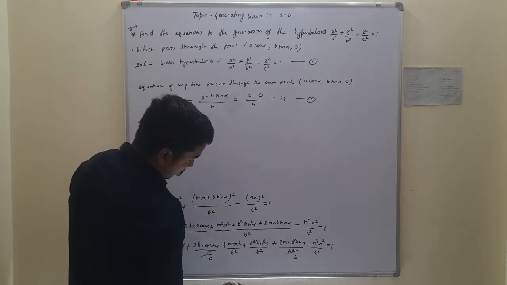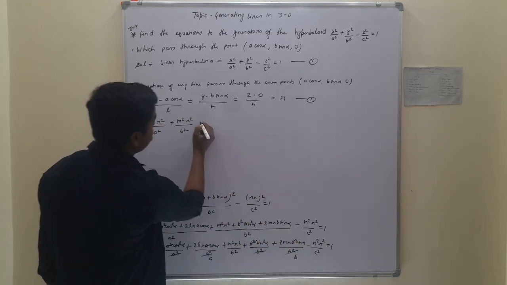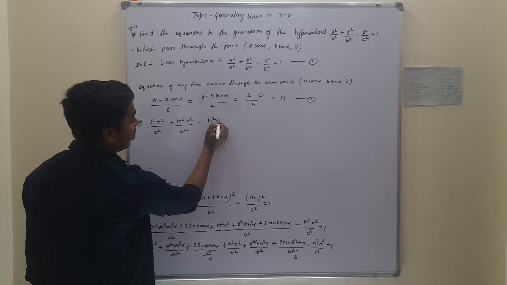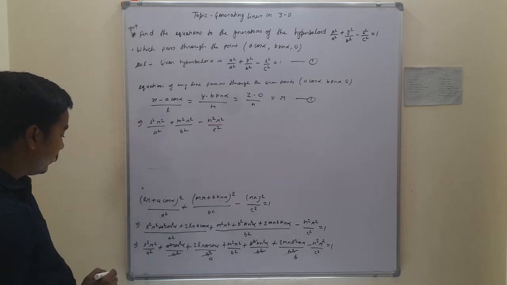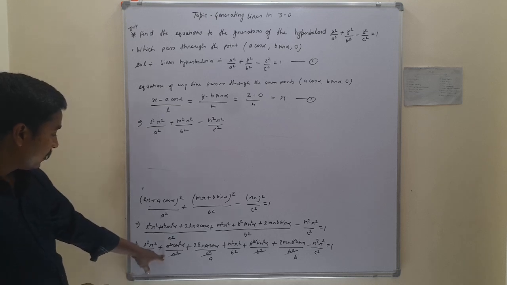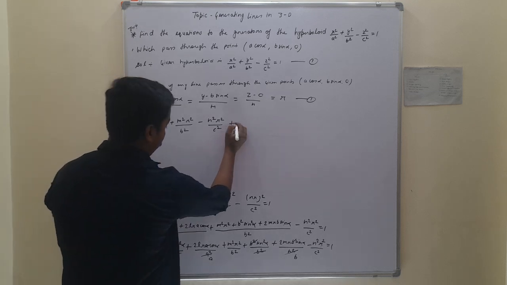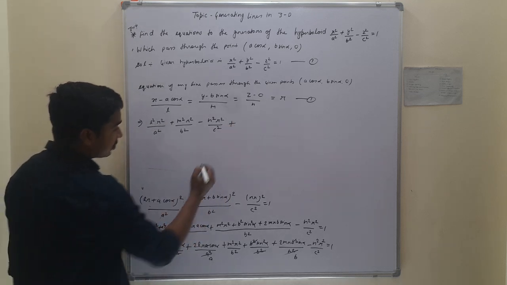and minus n square r square upon c square, and the remaining is plus cos square alpha.